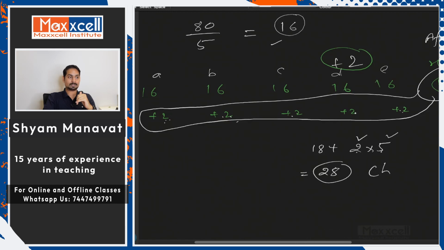So the chocolates distributed are 2 into 5, which is 10, plus he has 18 left when he divided equally. So 18 plus 10 is 28. So before joining the group, X must have had 28 chocolates. Is this part clear to you?